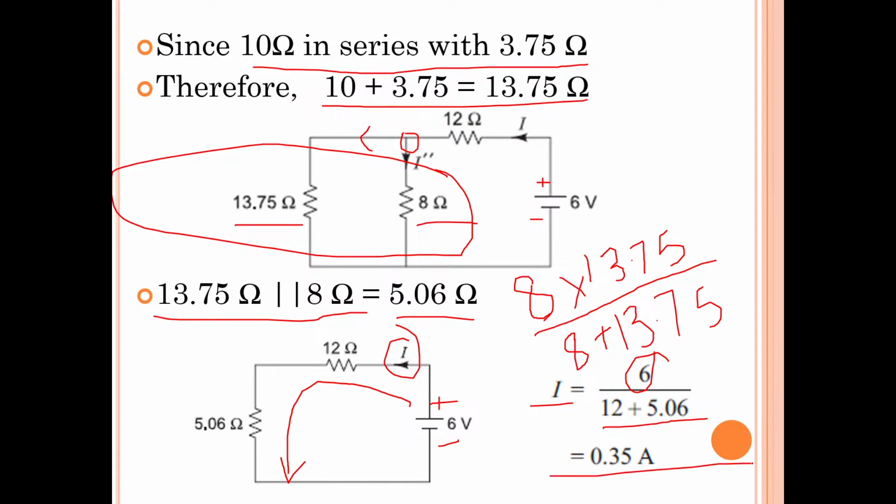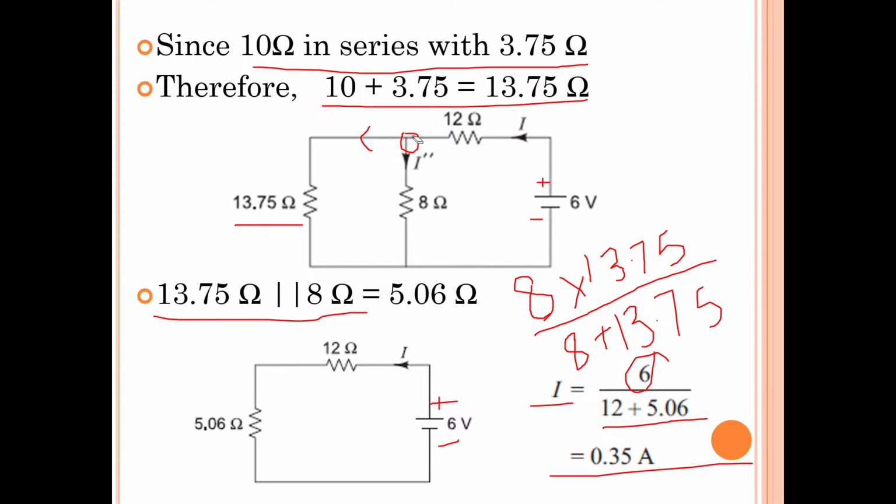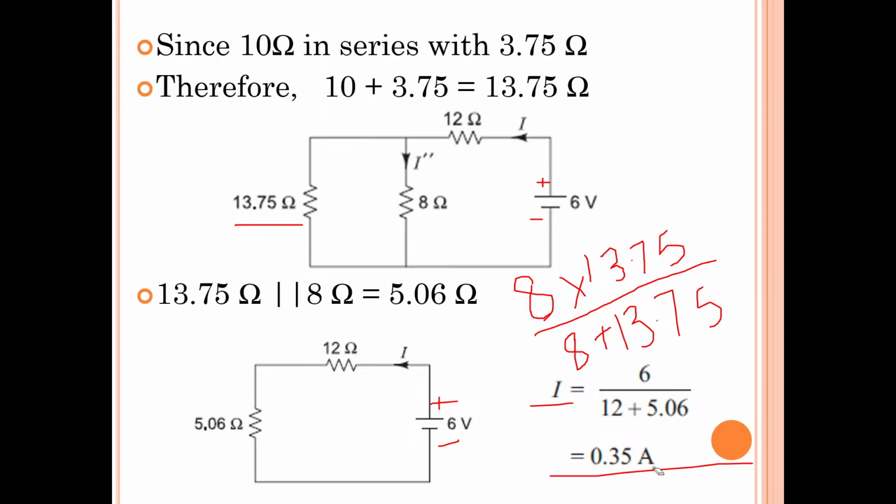The I value you will get is 0.35 amperes. So we have got the I value now.